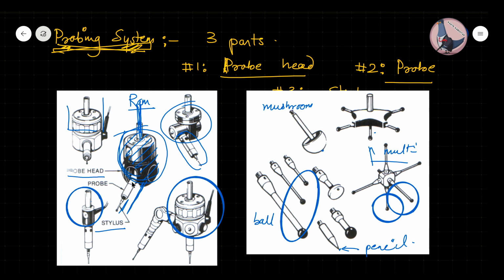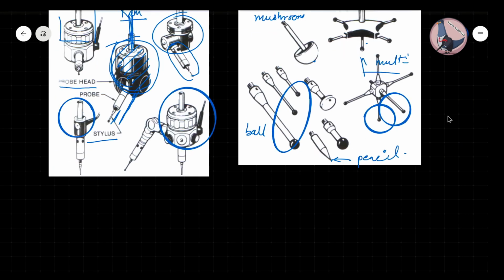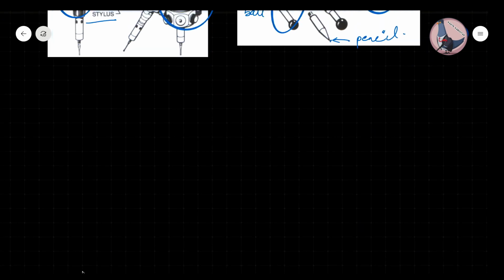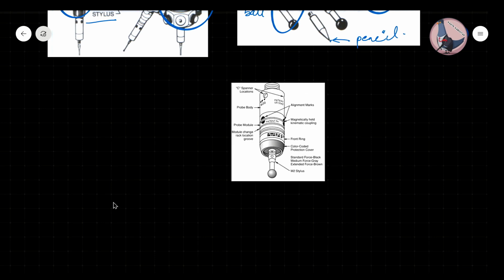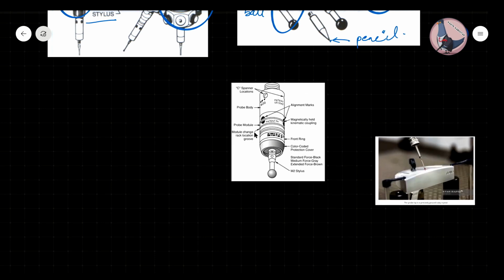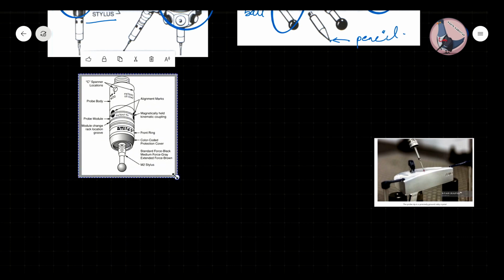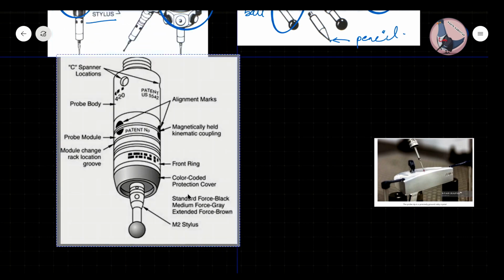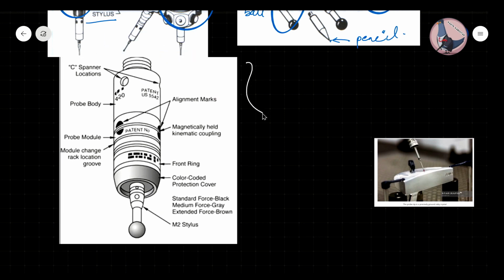And this probe and stylus together, I can show you another image for this. See, yeah. Now you can very well see this is the probe actually. This entire thing is your probe.